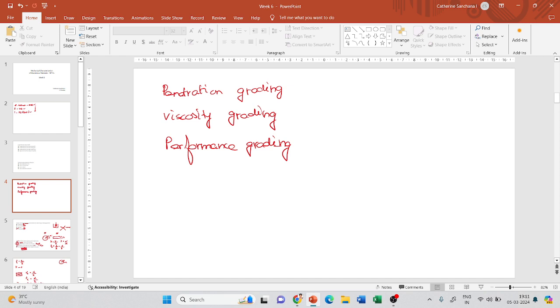Initially, before this penetration grading, how they used to identify the consistency of bitumen was by chewing bitumen. Even in sir's earlier lectures, sir would have said that they chew the bitumen to find out whether it is sweet or sour, and how much sulfur it has. So before penetration grading, they used to chew the bitumen to find out its consistency.